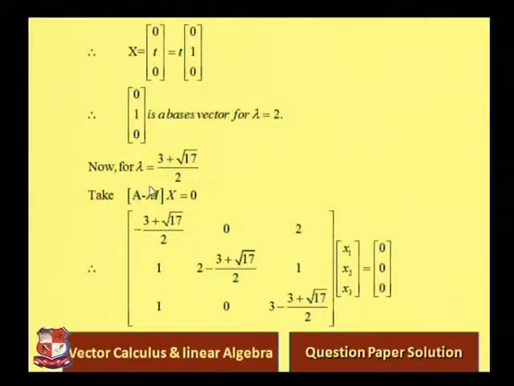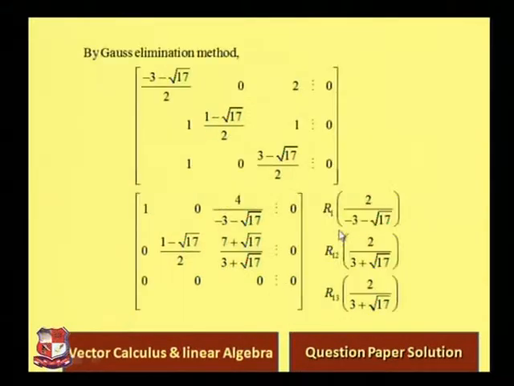Similarly, now for lambda equal to 3 plus root 17 by 2. Now using A minus lambda I into x equal to 0, we subtract the eigenvalue from A. So we get this form, this is the system of equations.